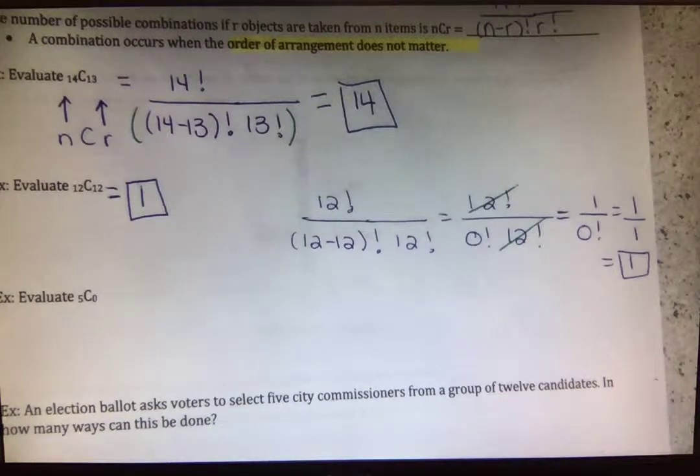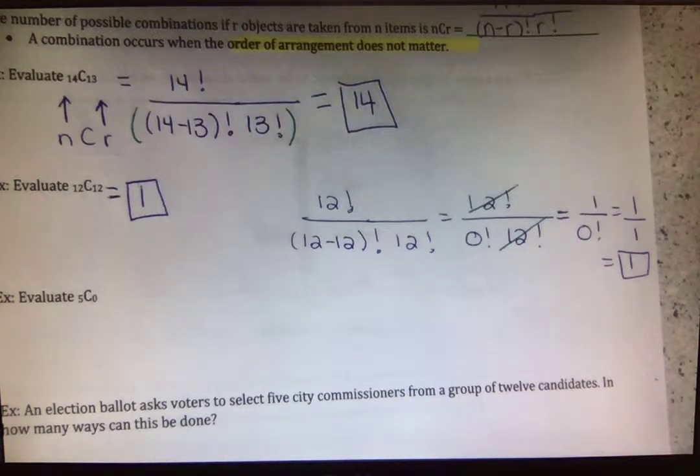If we have 12 stress balls and I'm taking all 12 of them out, there's only one option. It doesn't matter what the order is. There's only one combination of them, taking them all out. Same concept: if we have 5 stress balls and we're choosing 0 of them, how many ways can we do that?